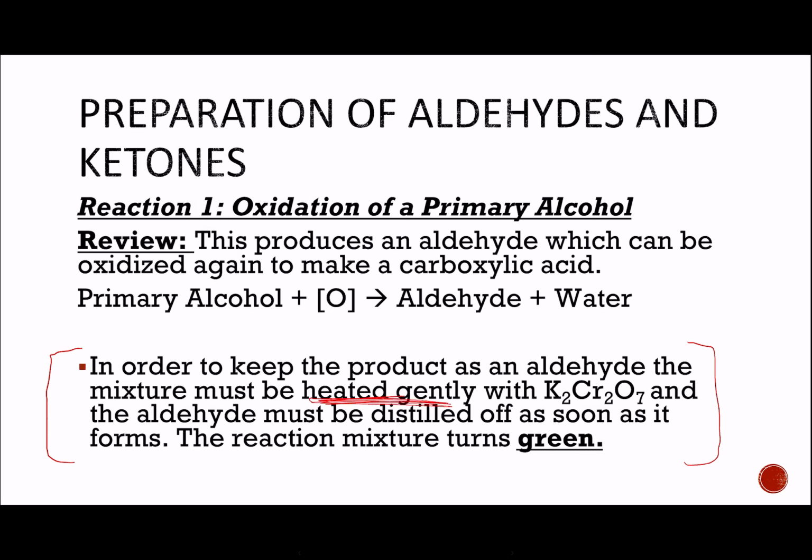So heat gently is a condition. And as soon as your aldehyde is produced, it actually has to be distilled off, meaning boiled off as soon as it forms, into another container.